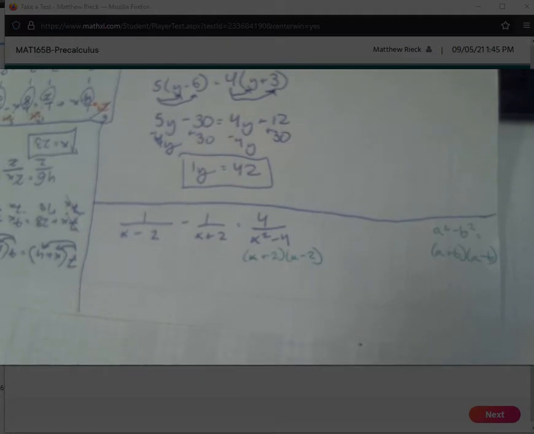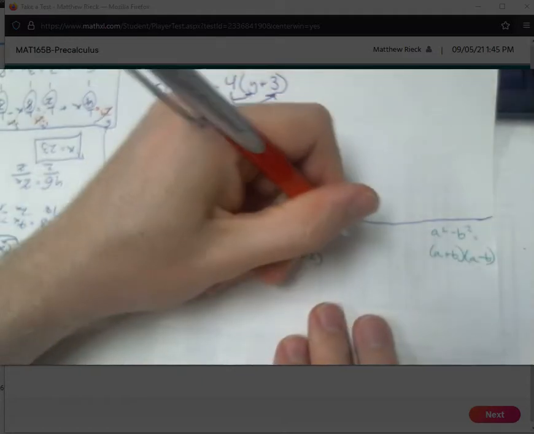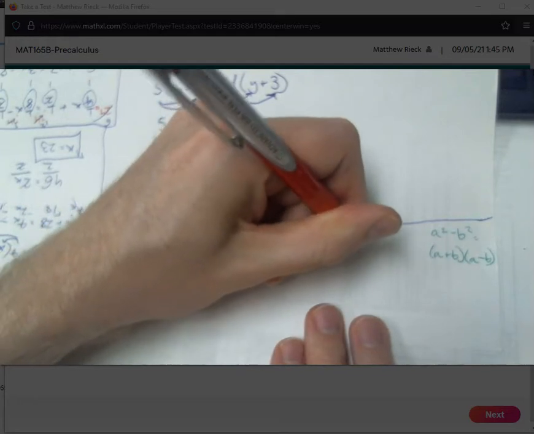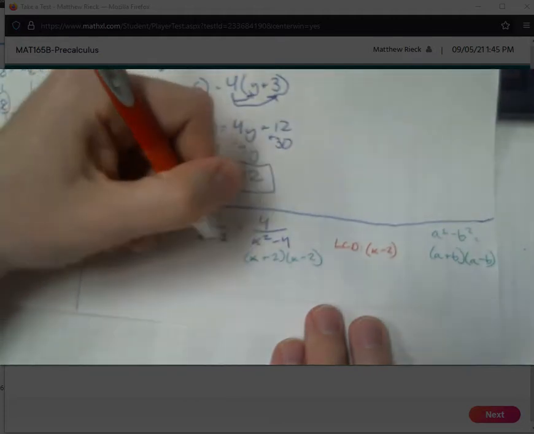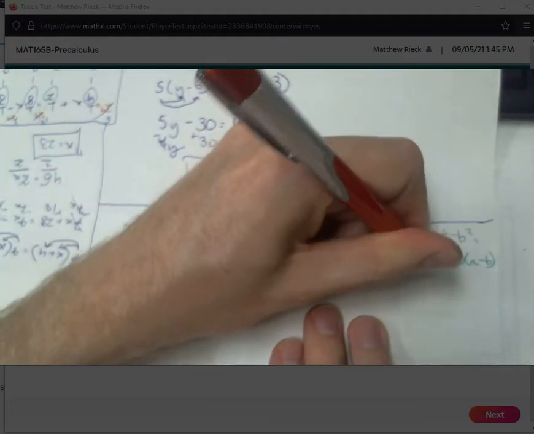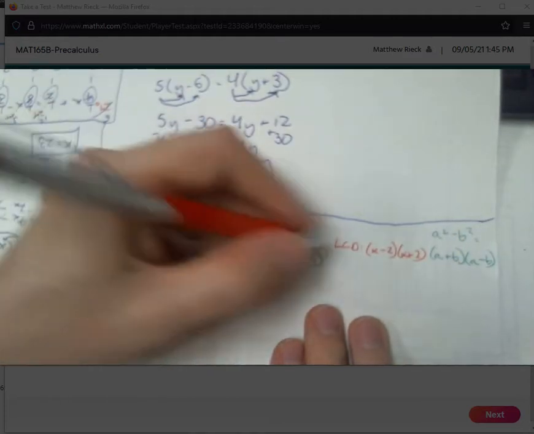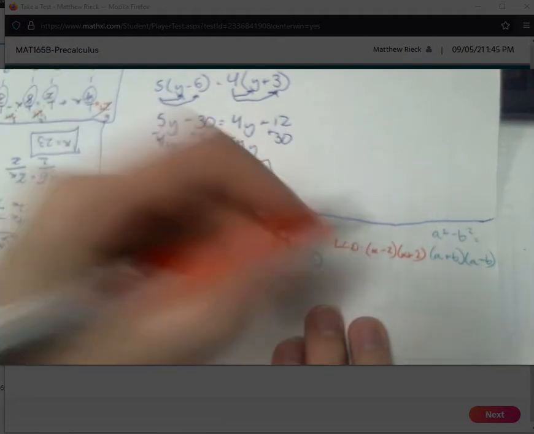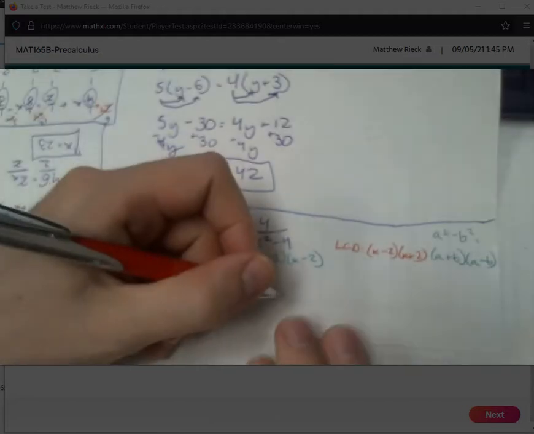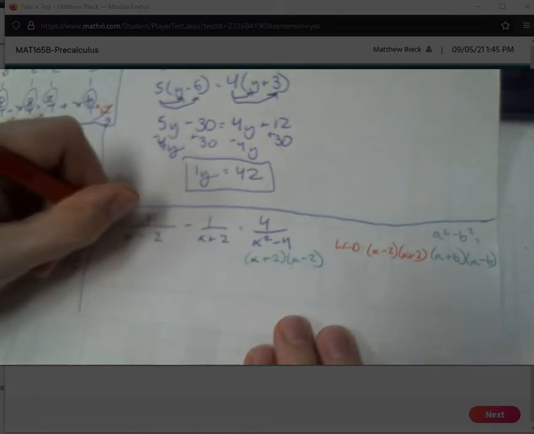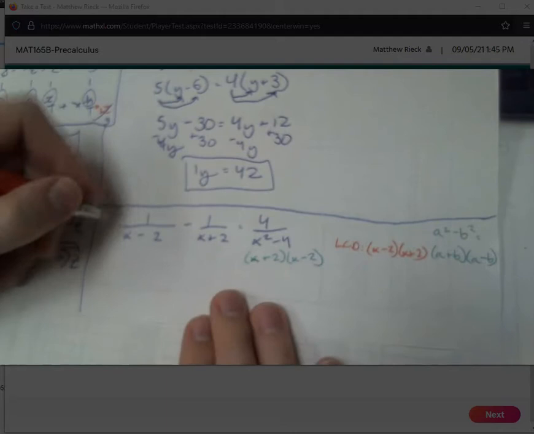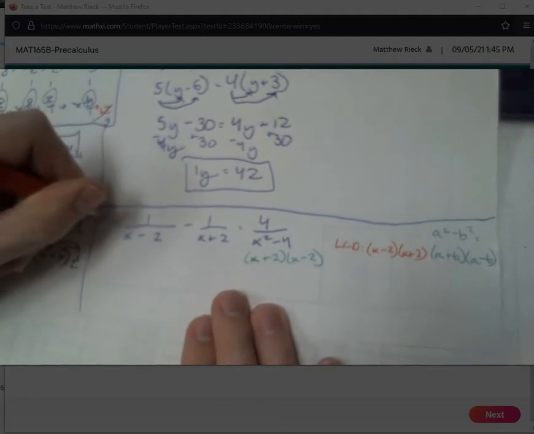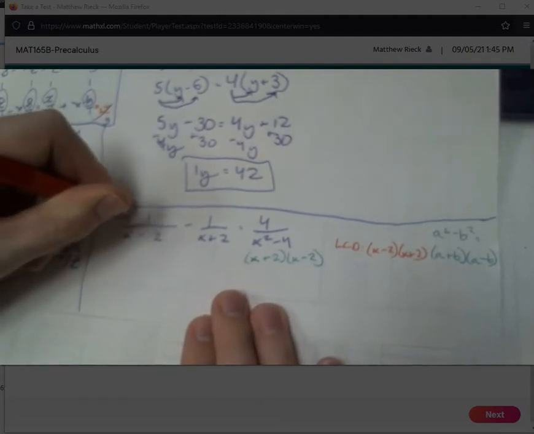All right. So in this case, my least common denominator is going to be x minus 2, x plus 2. Here I have x plus 2, but I've already included that. And here I have x minus 2, but I've already included that. So the last one doesn't really add too much. All right. So again, we're just going to multiply every single one of my terms by that least common denominator. So here I have x minus 2, x plus 2.